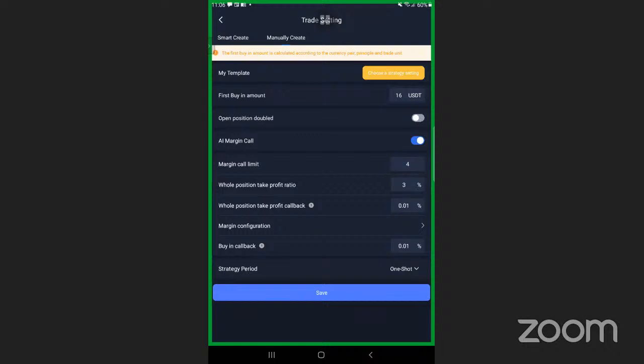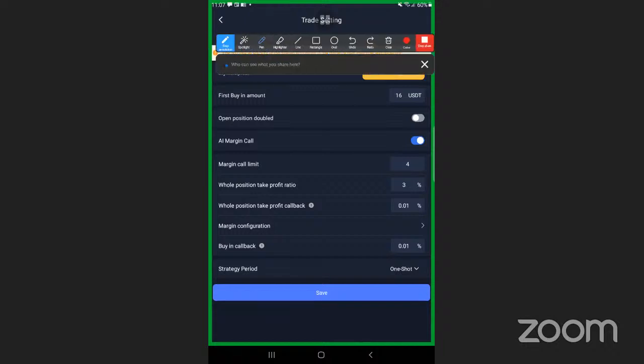If your margin calls are less than 5, then the robot is going to use the whole warehouse mode, because the margin calls are only 4, and it will use this take profit which is here. That's why I'm saying our robot focuses on these 4 margin calls. These ones are extra, 5 going down, they are extra.